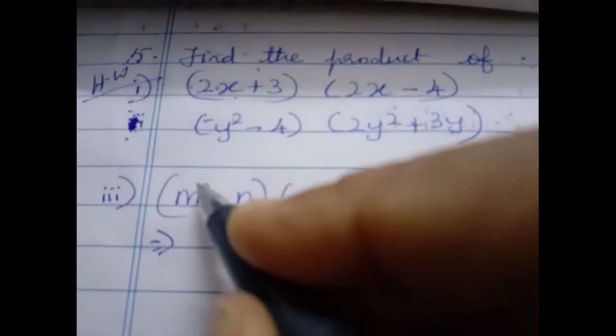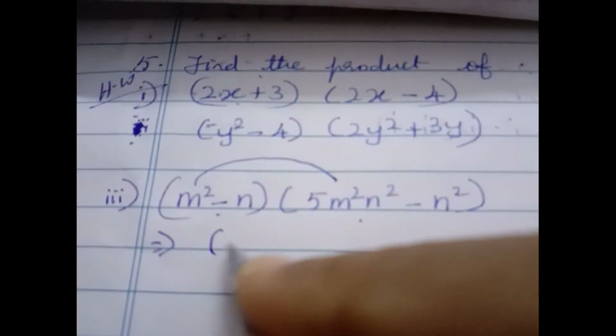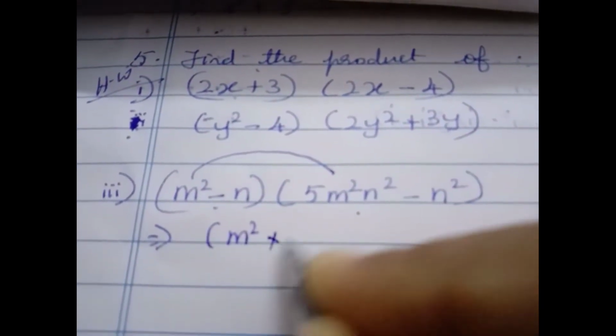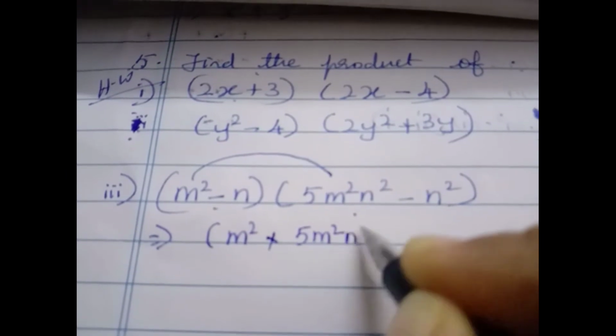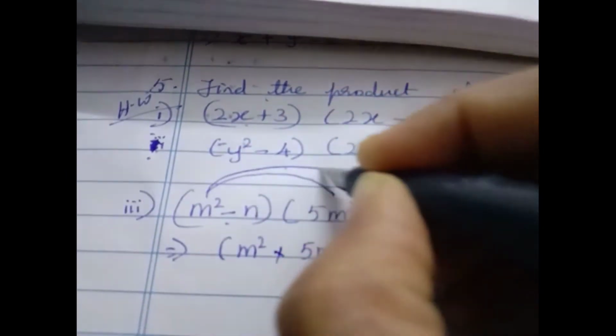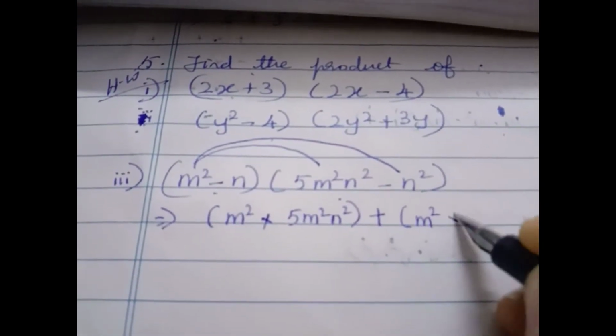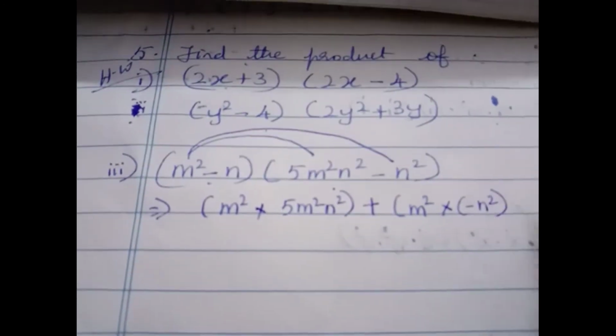So first, m square you have to multiply with 5m square n square plus again m square into minus n square.